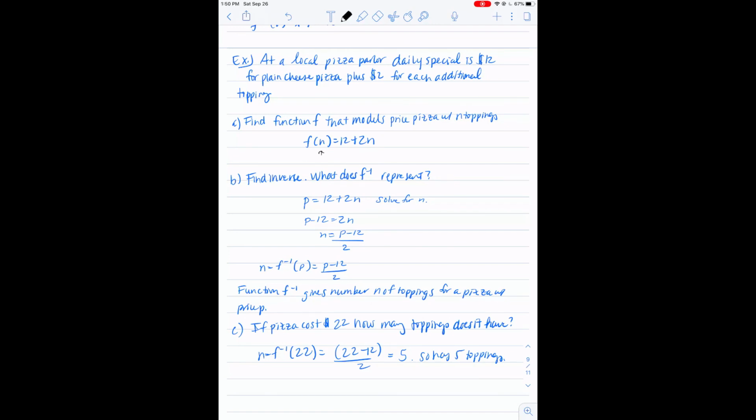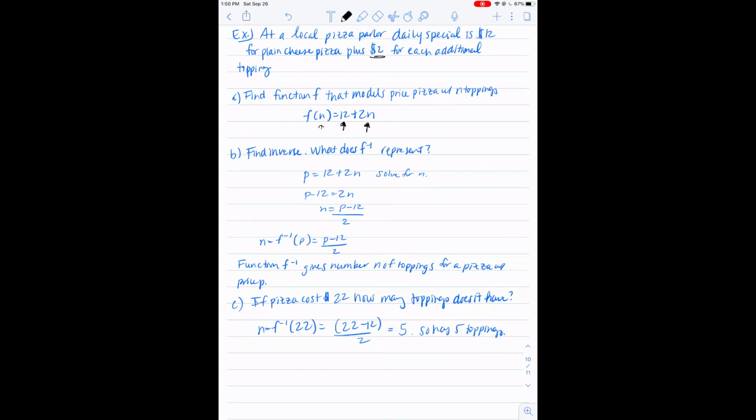So our x should be our n value, and then $12 is the set price, so that doesn't change. So that's like our y-intercept. And then 2n is the factor because they charge $2 for each topping. So if you have 3 toppings, that's going to be $6 and so on. So that's our function.